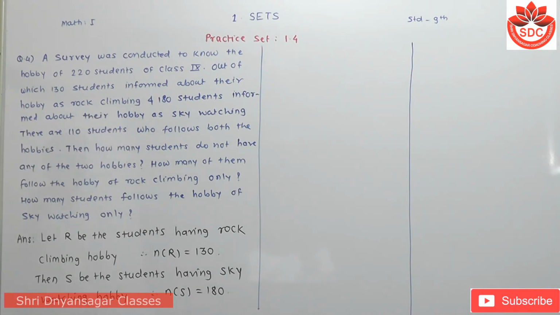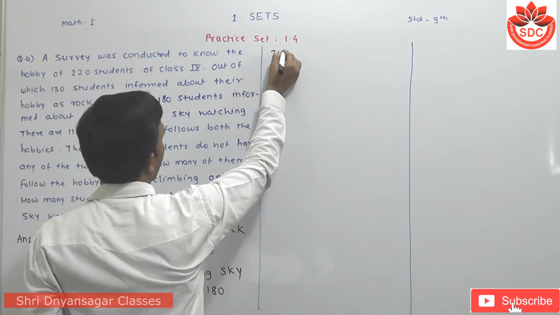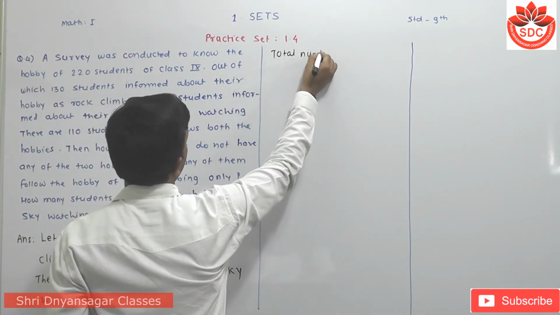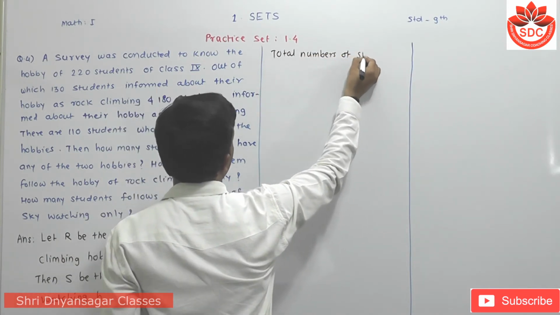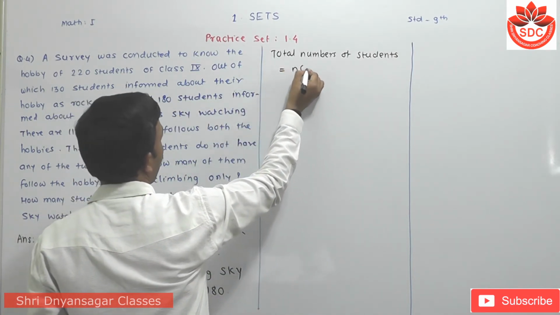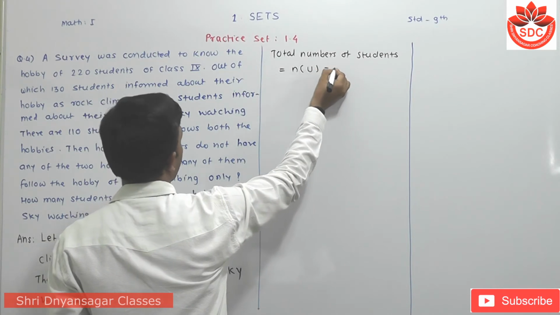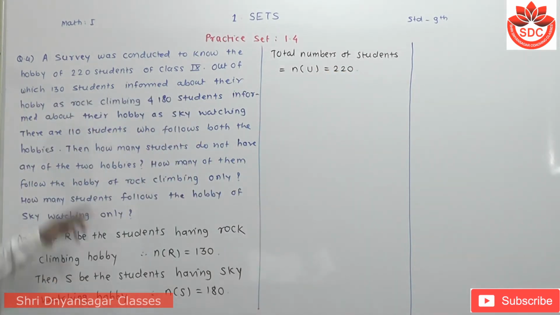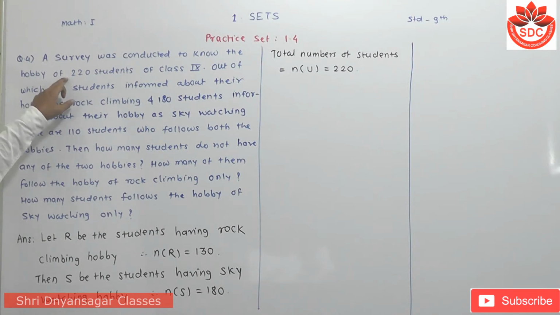Then now here the total number of students is given. How much? 220. So here I have to write: total number of students, n(U), is equal to 220. 220 students are there in total. Now we have to find the number of students having only one of the two hobbies. म्हणजे दोन्ही पैकी एक हॉबी असणारे स्टुडंट्स किती हे आपल्याला काढावे लागतील.